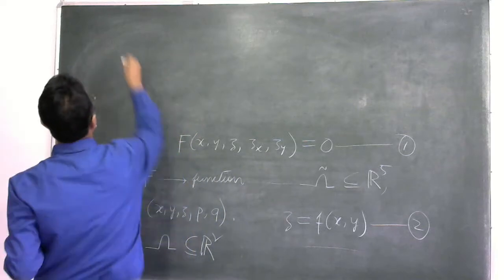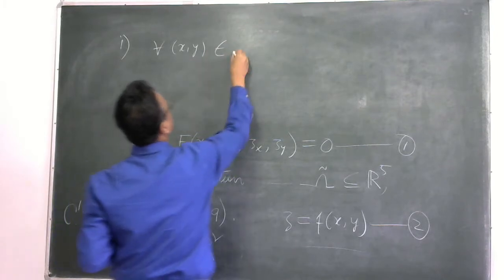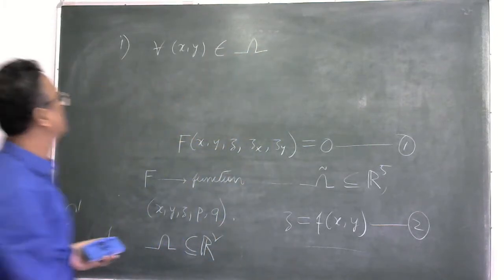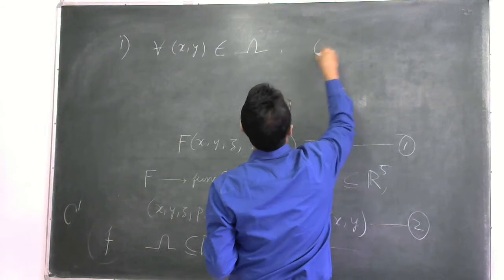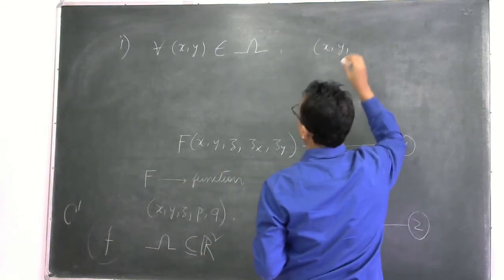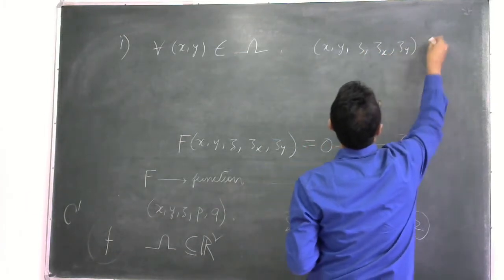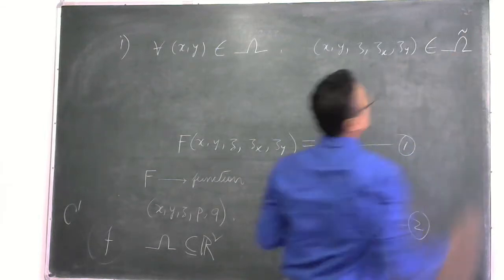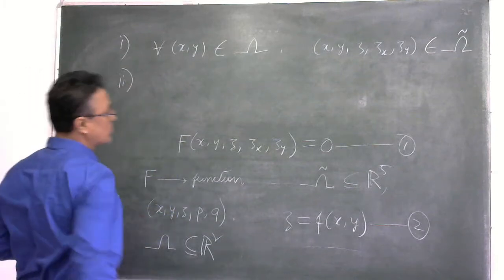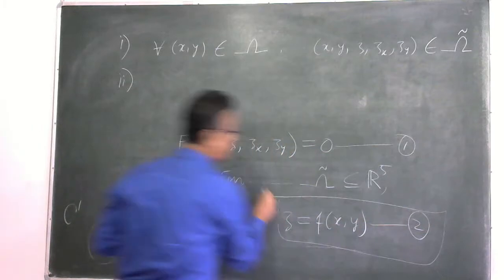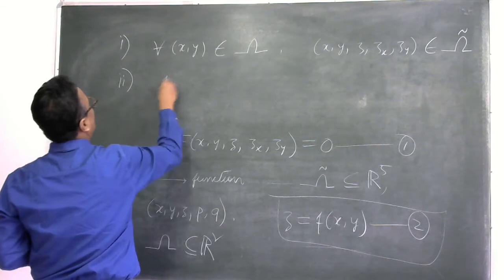Number one, for all x, y belonging to the domain of small f, the point x, y, z, z_x, z_y must belong to the domain of capital F. And number two, if you substitute this expression in this equation, it must reduce to an identity.